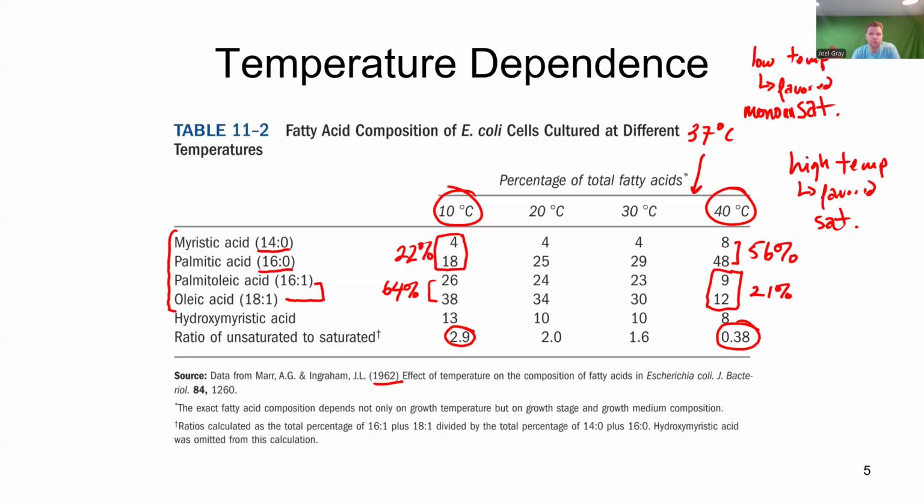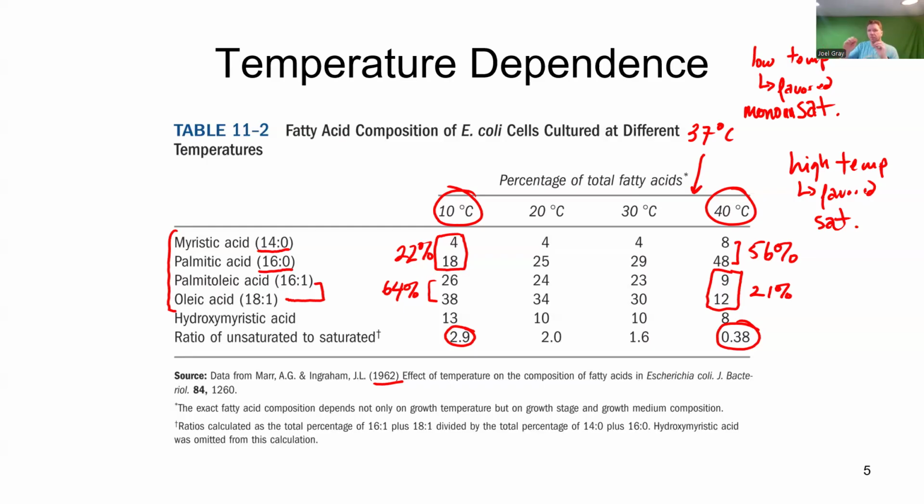Okay. So if we think about this, the saturated fatty acids are more than likely going to be a solid at room temperature or at 37 degrees. We're getting closer to them being a little bit more liquefied. So if it was just monounsaturated fatty acids at 40 degrees, there'd be no integrity to that. That membrane would completely fall apart.